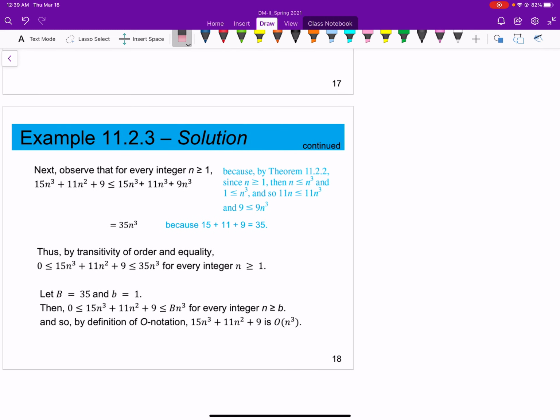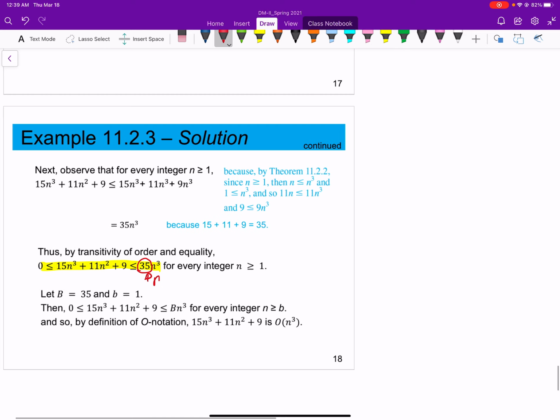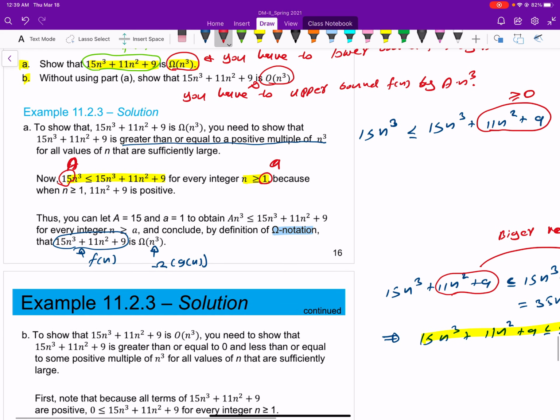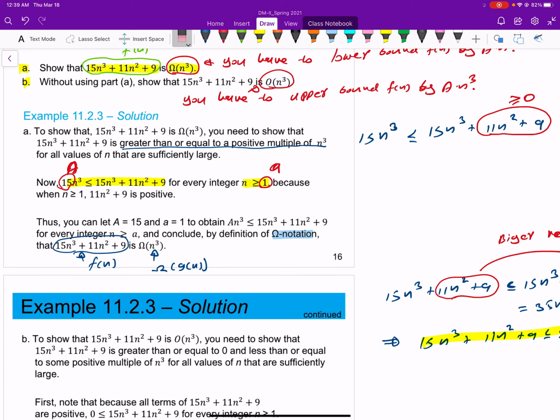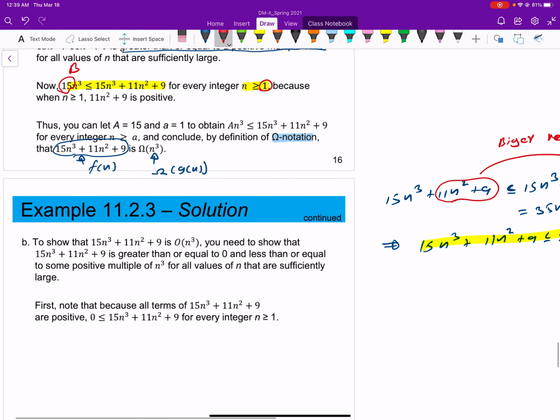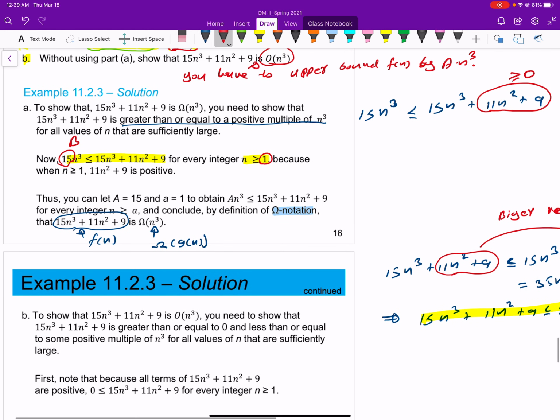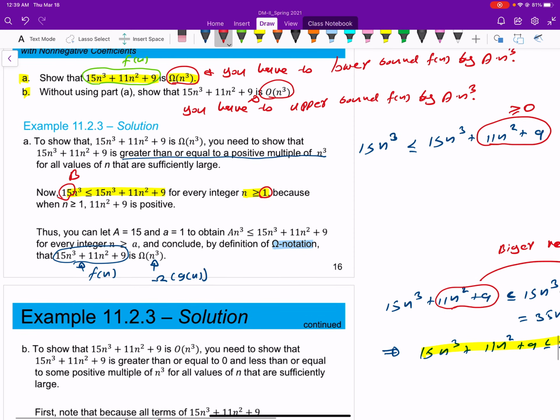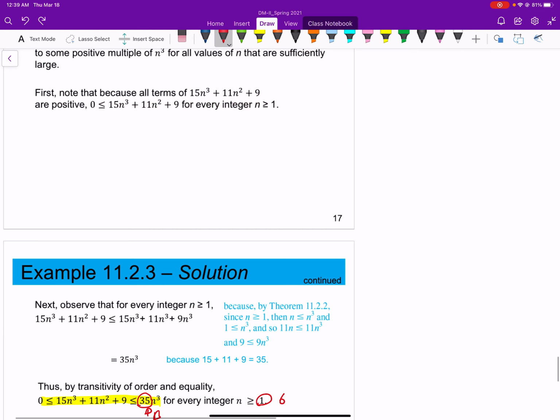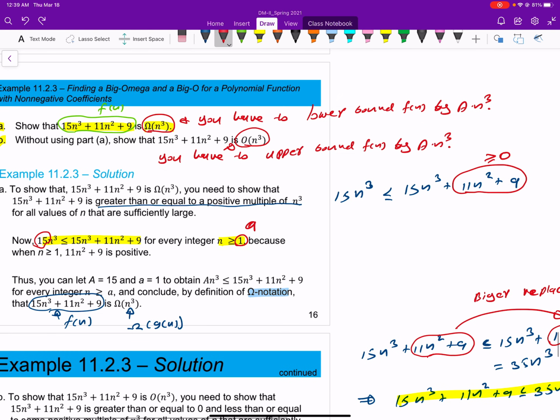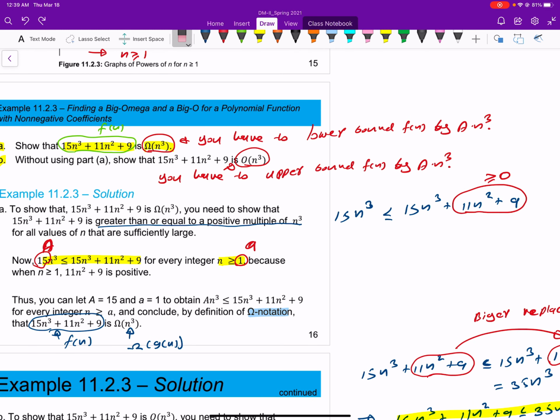I have the upper bound right here, and then I could write this as that. Let me mark this to be B. What I'm talking about is this.